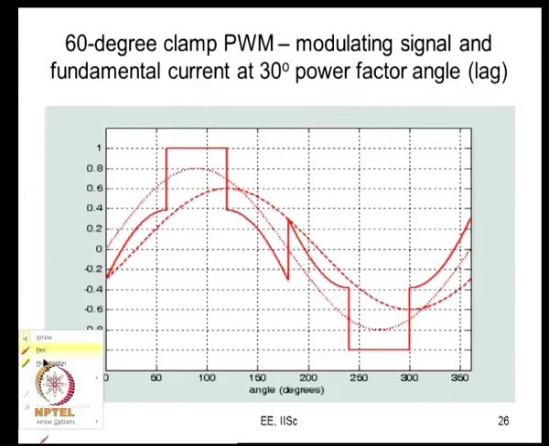So, if I were to draw the energy loss here, this might be 0 here, this would be 0, this is the current waveform, it follows here and it goes higher.